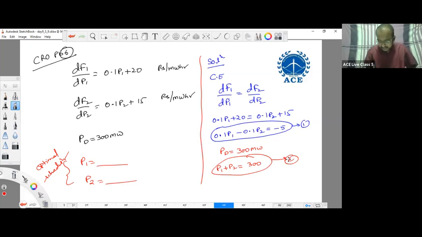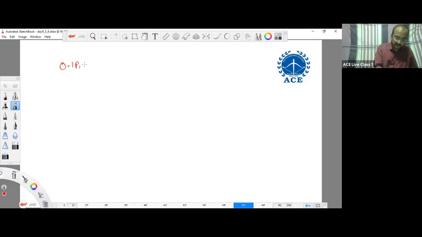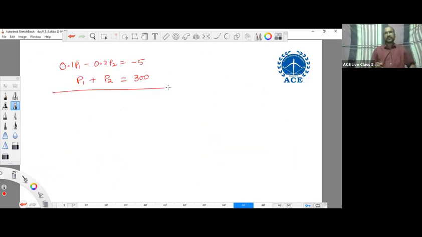Now if you solve equations 1 and 2, you will get P1 and P2. So 0.1 P1 minus 0.1 P2 is equal to minus 5, and P1 plus P2 is 300. Solve these two and post the answer.